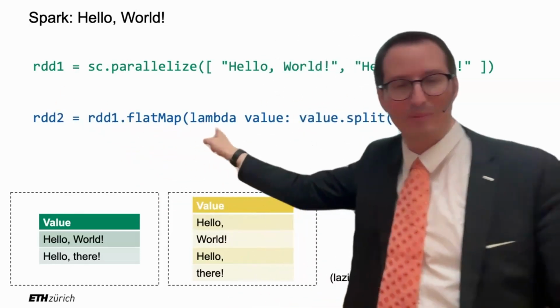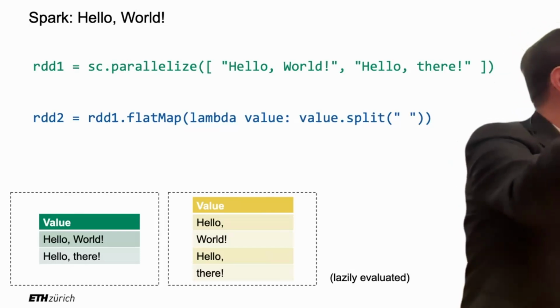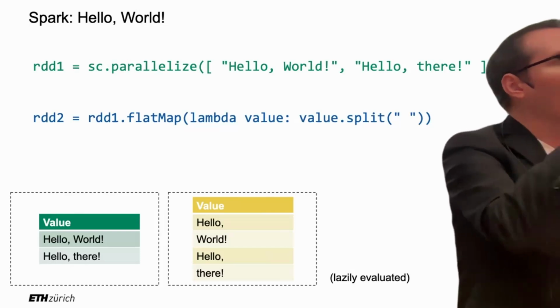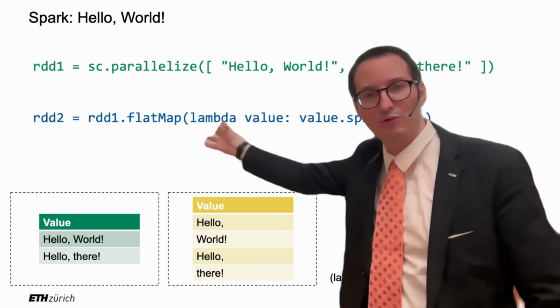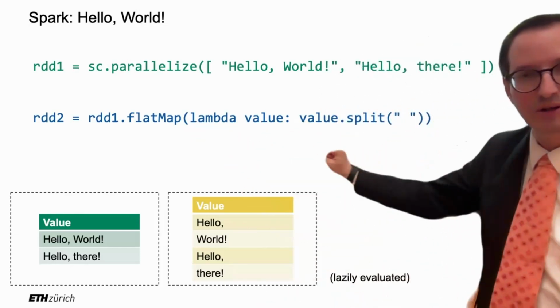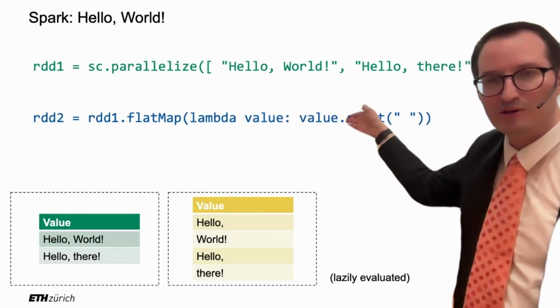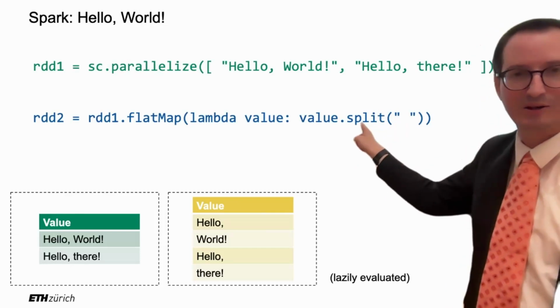So RDD1.flatMap. And here I need a function. It's just like the map function or the reduce function, right? So the map function supplied to the map phase, the reduce function supplied to the reduce phase. And here you also need a function for the flatMap. That function is supposed to associate each one of the values to 0, 1 or more values. And here what we do is we tokenize.